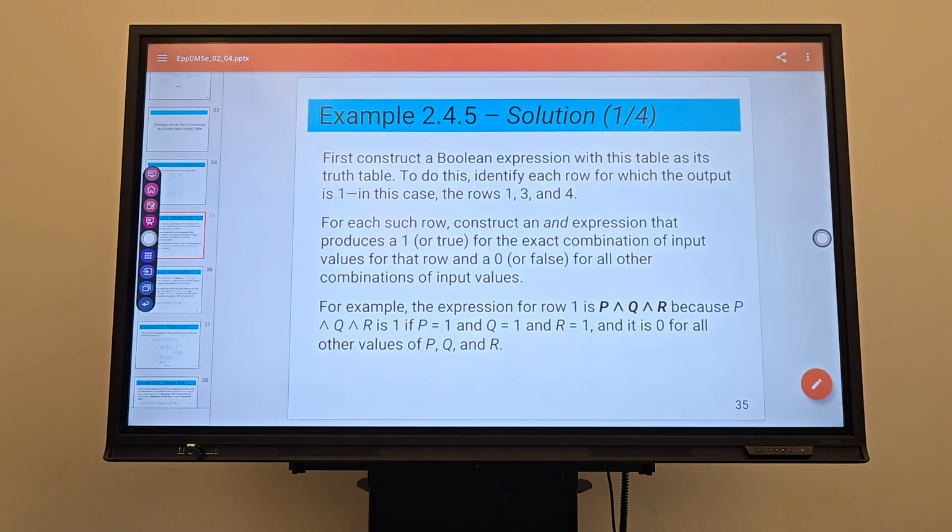And for each row, construct an AND expression that produces a 1 for that exact combination of input values and a 0 for all other combinations. So for row 1, P and Q and R, we'll do that.